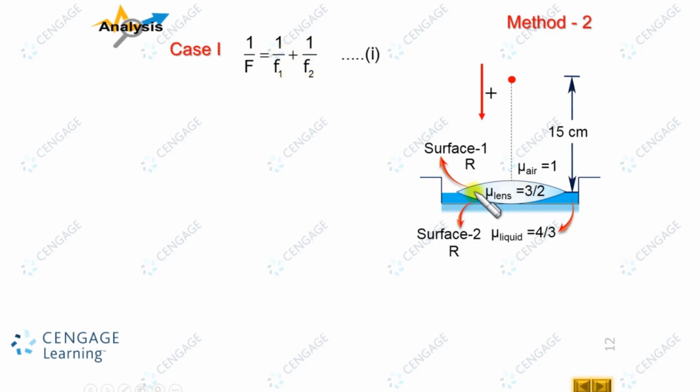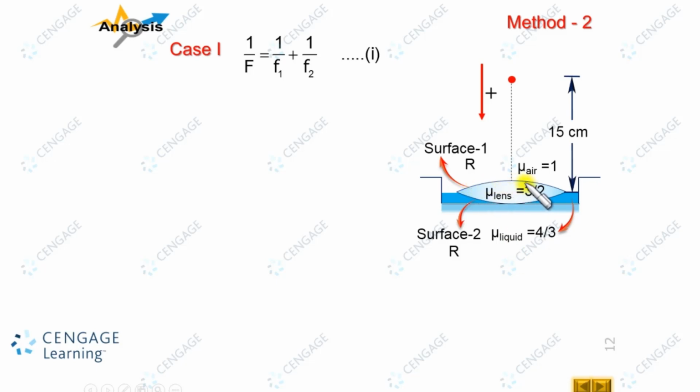The focal length of the biconvex lens or this plano-concave lens can be found out using the lens maker formula. So let us calculate the focal length of this lens, and here the radius of curvature is unknown. So here we assume R1 equal to R2 equal to capital R. For the first lens, we can write the first surface radius of curvature as positive because the center of curvature will be at the bottom of this surface, in the direction of the ray traveling if we measure this length.